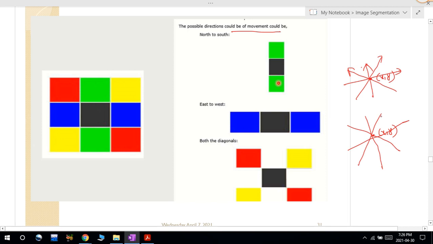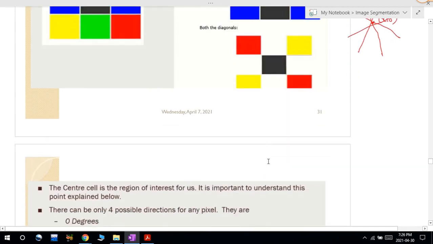If the edge is there, I consider that edge. If the edge is not there, I discard and remove that pixel. That is non-maximum suppression. For each possible edge point, I find the direction of that edge in all directions. I can have only four directions: north to south, east to west, or the two diagonals.